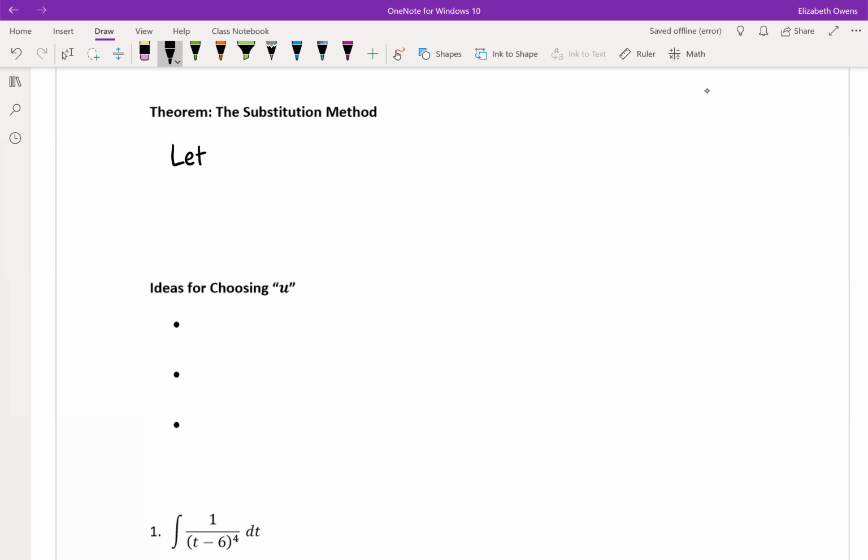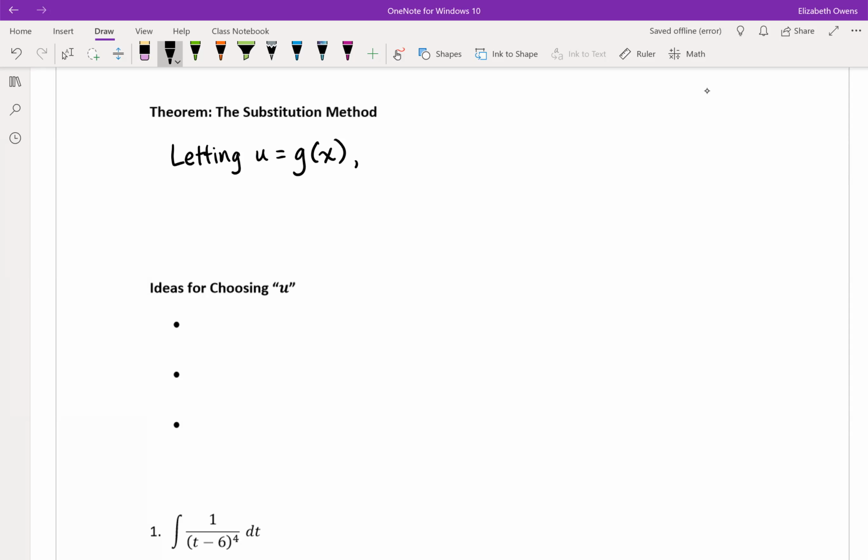So we're going to start by letting our substitution variable u equal g of x. And that g of x is going to be some part of our original integrand.